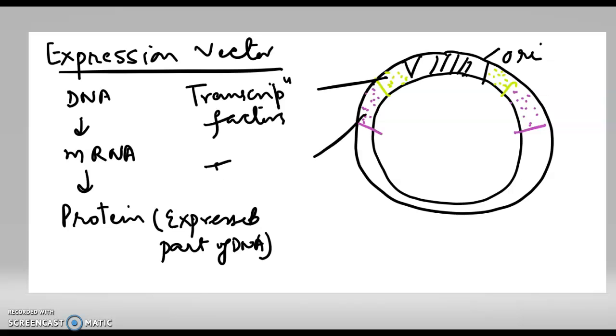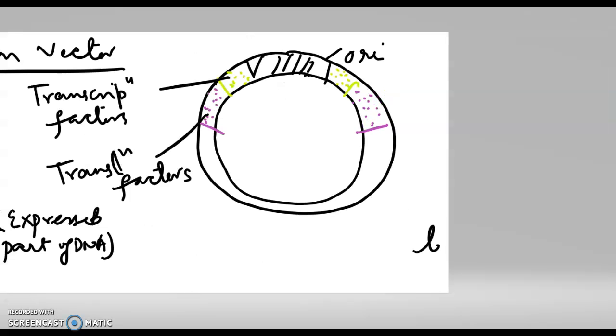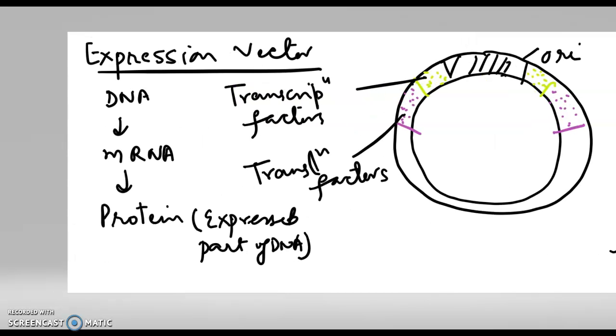By using both of these factors, we can get cloned protein.